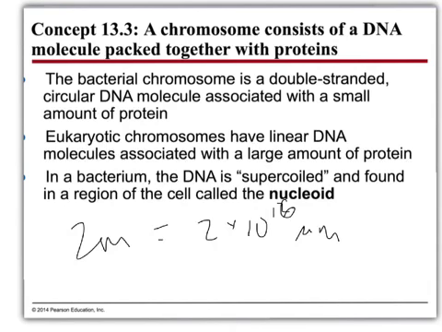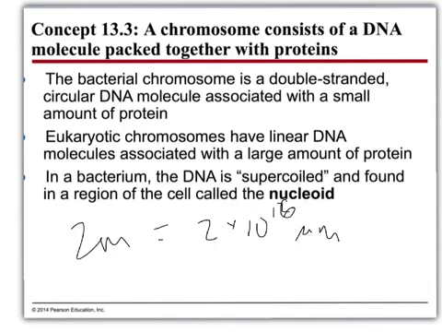How does a cell do that? Because of the way that DNA is wrapped and associated with proteins, it's a packaging that occurs. Okay? So, let's compare bacterial chromosomes versus eukaryotic chromosomes. Size-wise, which one's bigger?